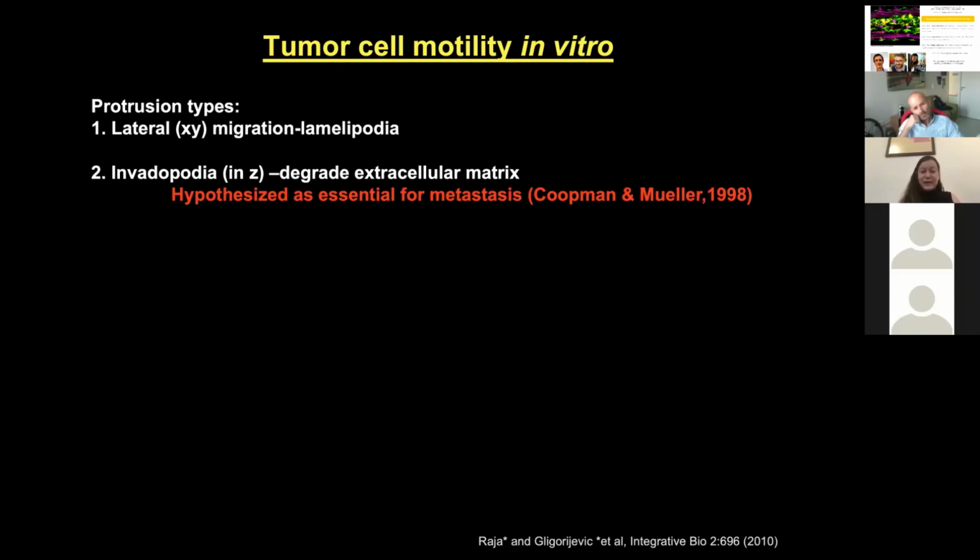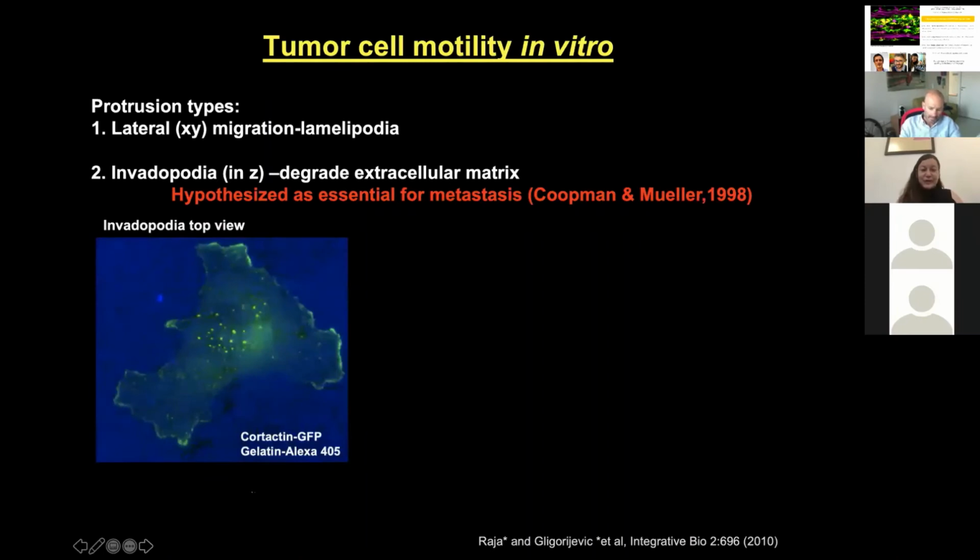And then the other one is if you put cells on top of the thin or thick extracellular matrix, the structure is invadopodia, and it's been hypothesized to be essential for metastasis since its discovery in 1998 by Suzette Miller, who I was lucky to have met back in Georgetown, and she was one of my informal mentors and the person who introduced me into the invadopodia field.